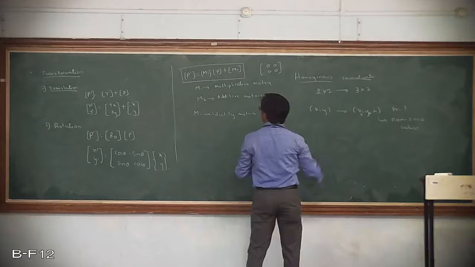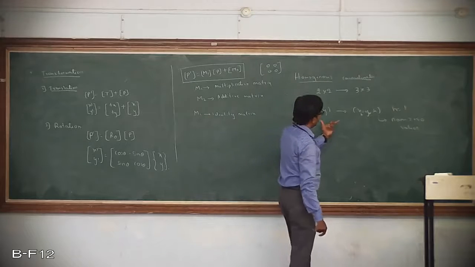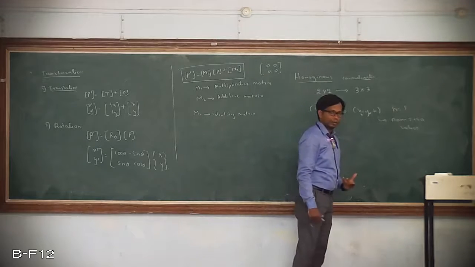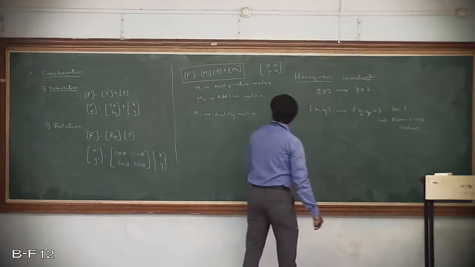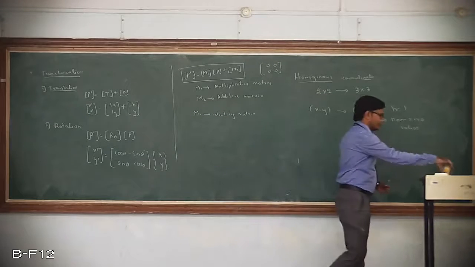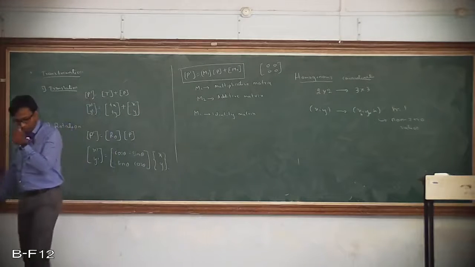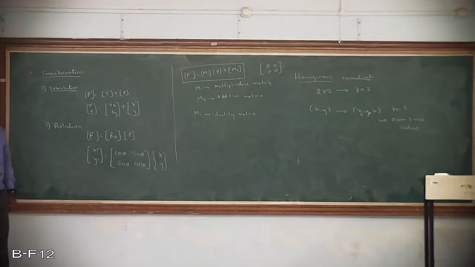The same thing will be applied to the different operations, and we will check what exactly happens to the matrix if I use a homogeneous coordinate. So first we will go through that. I hope it is clear what a homogeneous coordinate is, exactly what I am just briefing out.